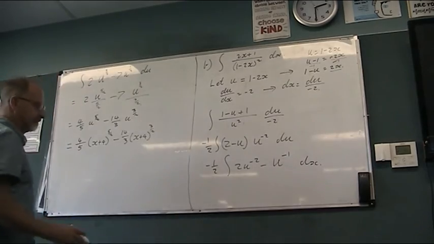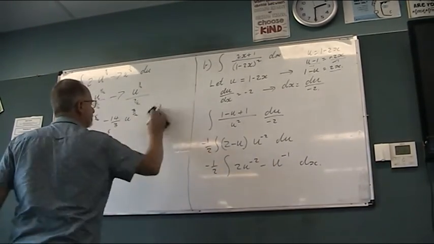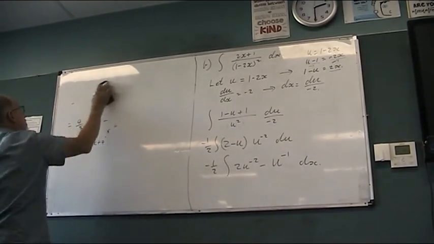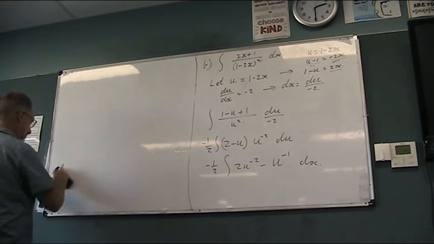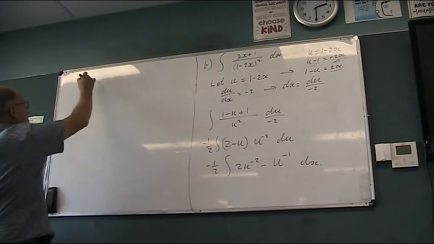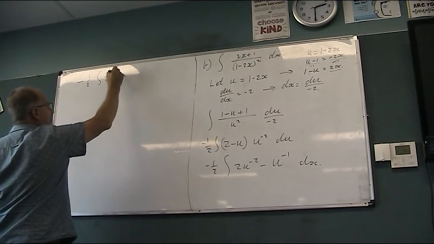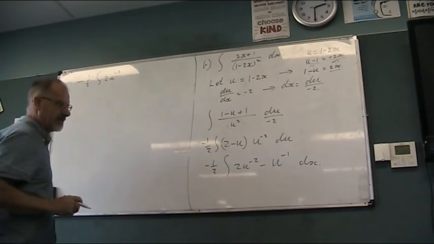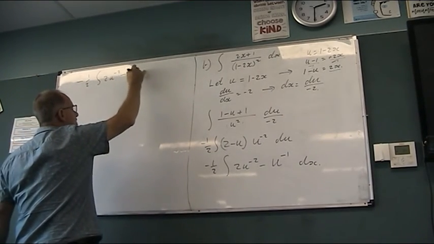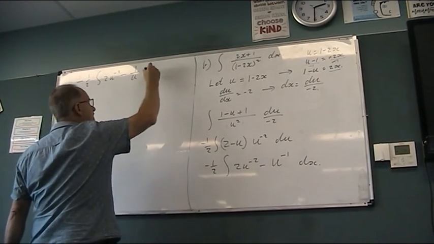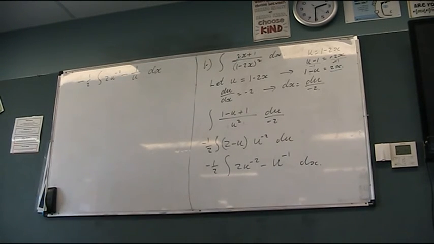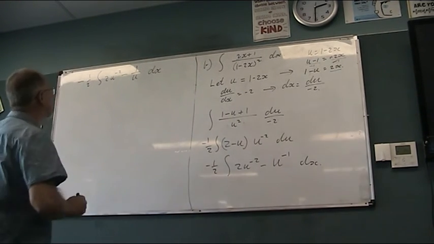All right, then so then we've got negative half, 2u to the minus 2. Now, the u to the minus 1, you might not recognise it, but that's 1 over u. And when we anti-differentiate 1 on u, it's related to log, yes.